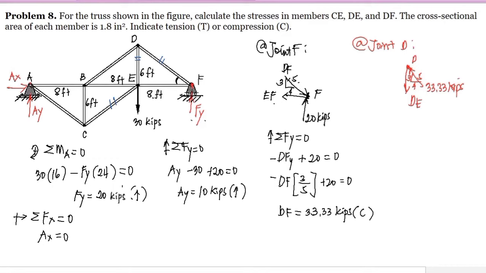For BD, we assume that BD is also compression, so it's towards point D. And this is BD. Looking at it here, it has the same slope as DF, because it is also 6 rise and 8 run, so that would be 3 and 4. So our slope there is 3 rise and 4 run, so the diagonal is equal to 5.